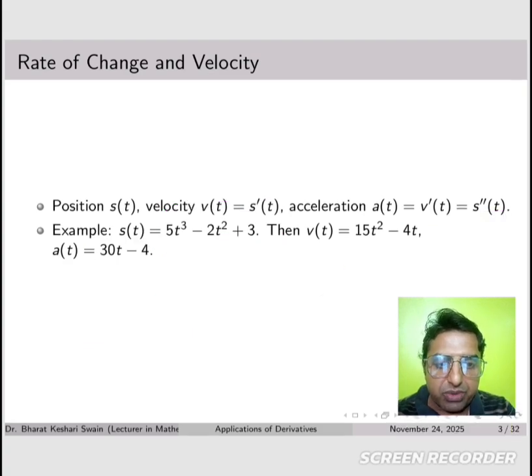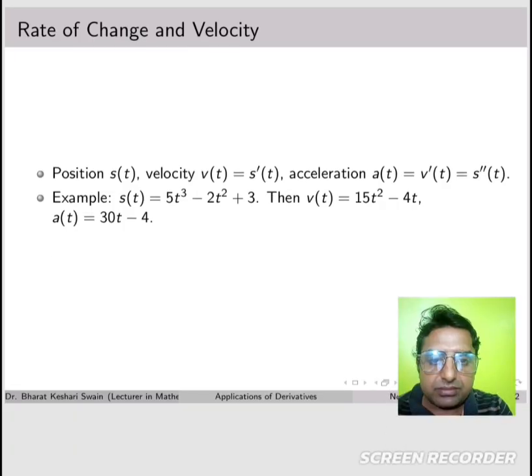Similarly, we can find the acceleration.